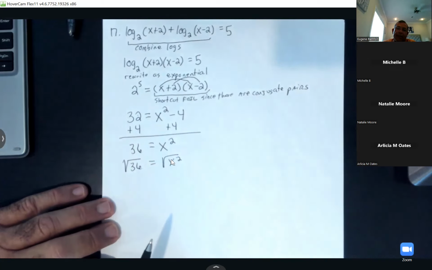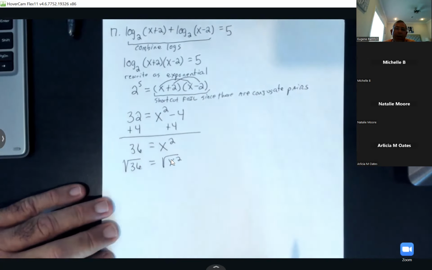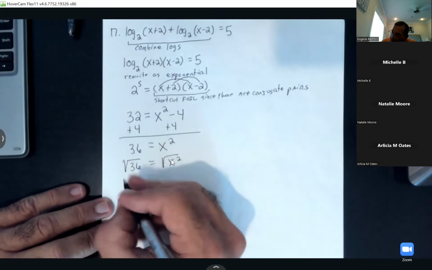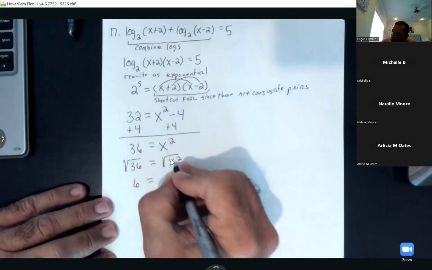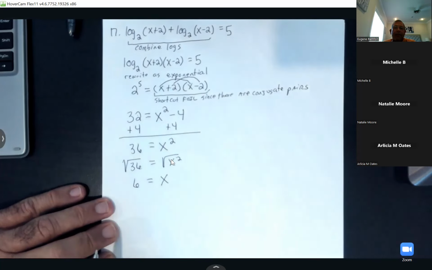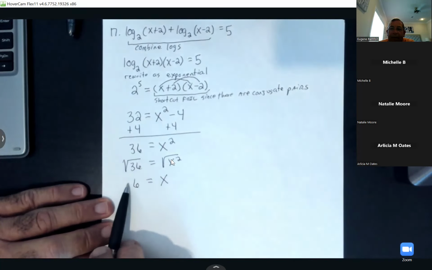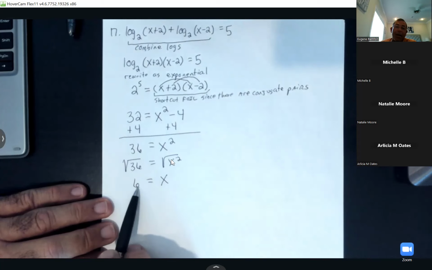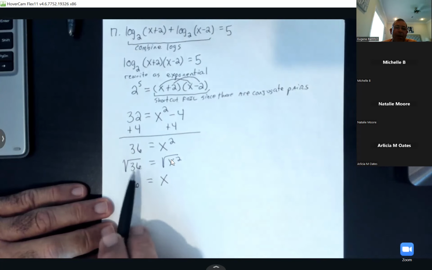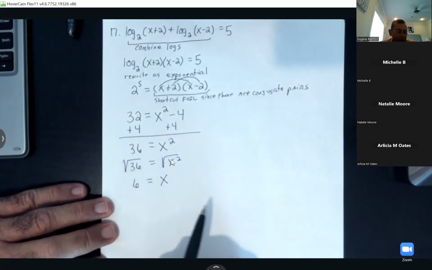And y'all, what's nice? What's the square root of 36? 6. And that's going to equal the square root of x squared, which is x. I don't have to worry about the negative answer on this one, do I? No. Because remember, I would get a plus or minus 6, but hey, we can't keep the negative answers anyway. So only keep that positive 6 value that you're going to get out of that and be done, okay?